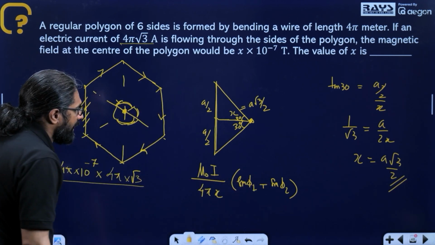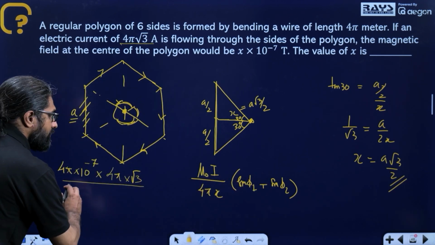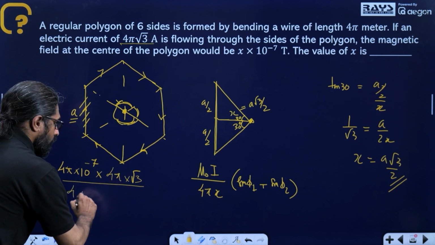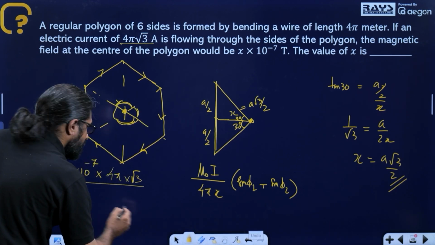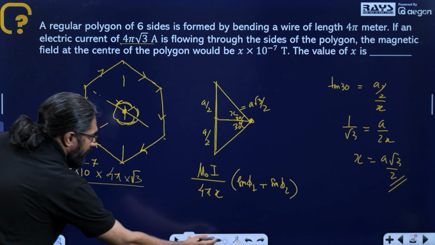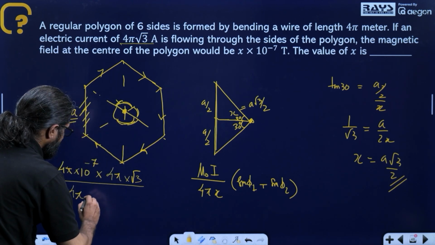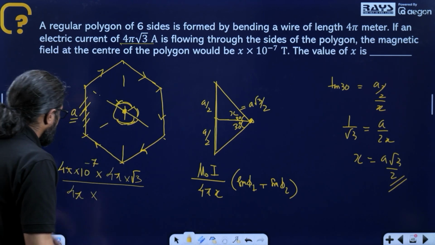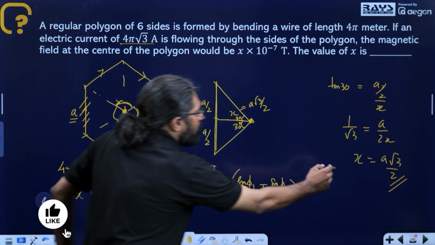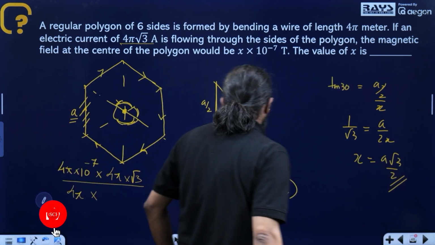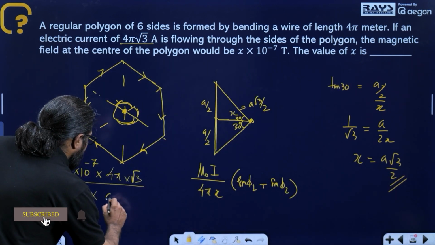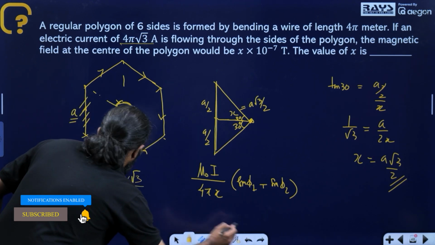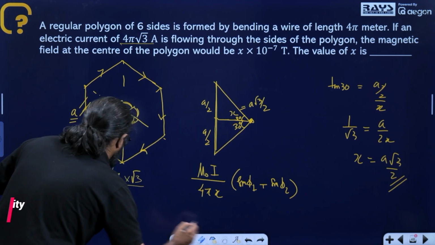That divided by 4 pi x. Now 4 into pi, that 4 pi is there. That multiplied with x. What is x? X is already calculated. X is a root 3 by 2. That is a into root 3 by 2. So I'll just write it as root 3 by 2 into a.